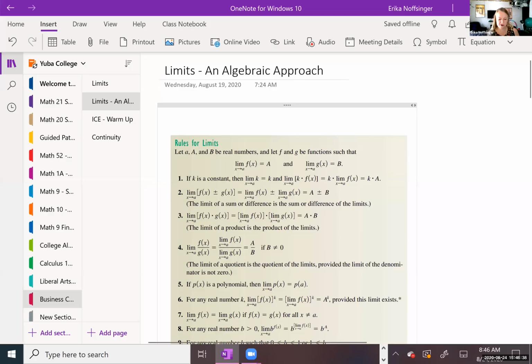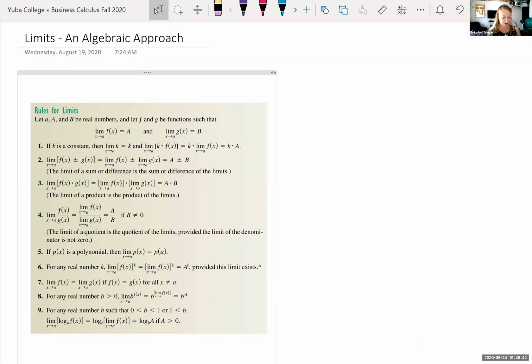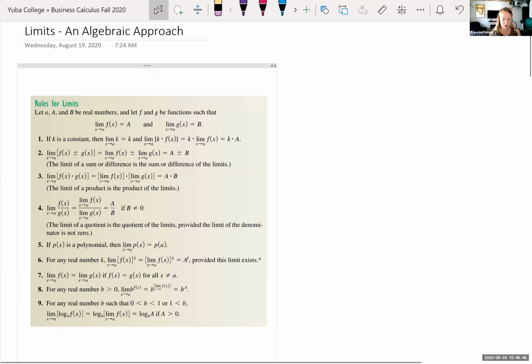Okay, so hopefully with a review of some factoring and how to rationalize the denominator, that was kind of good. And this will help you when we're looking at solving limits algebraically. So these rules, we looked at these last week. I just wanted to put them up there again.